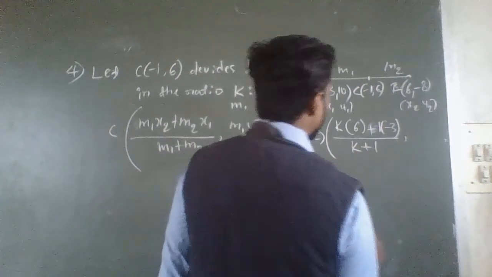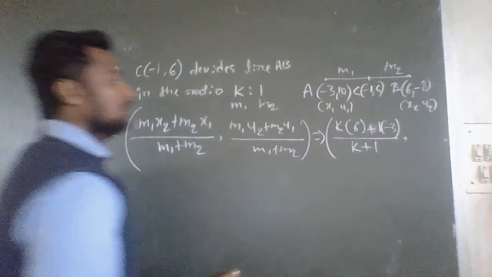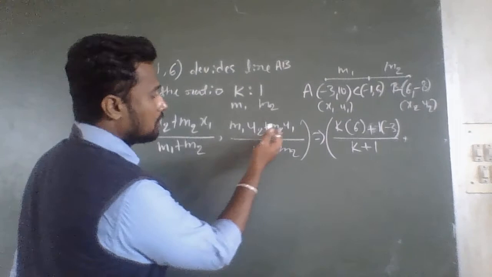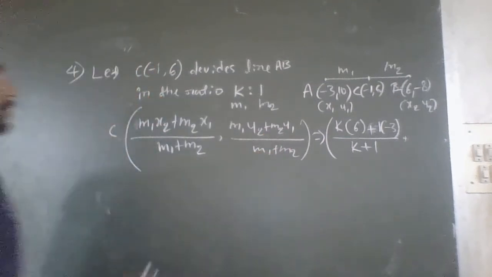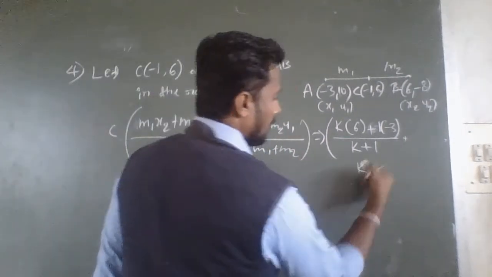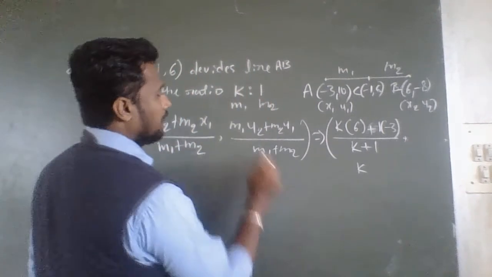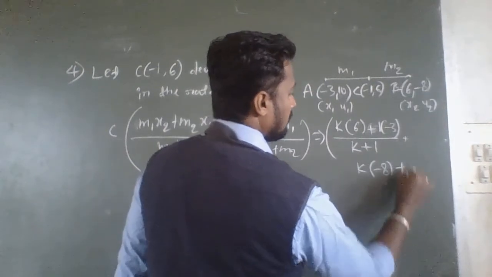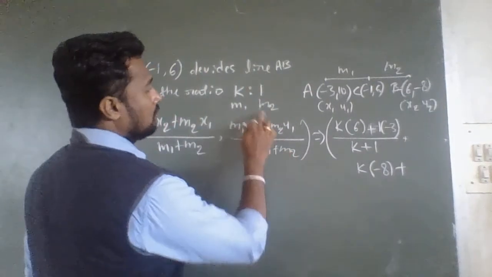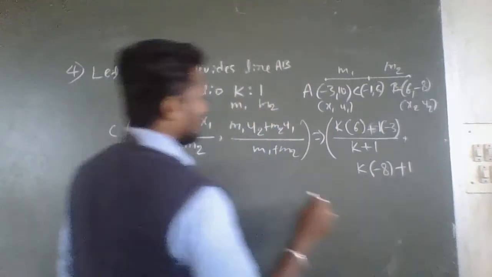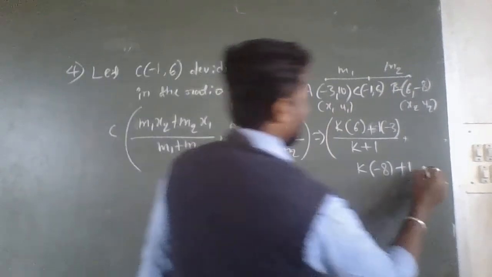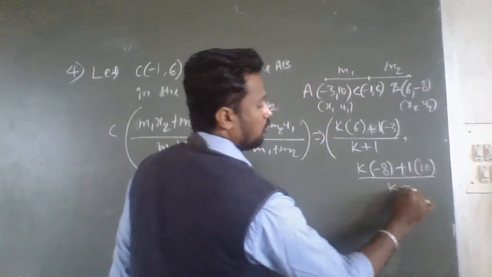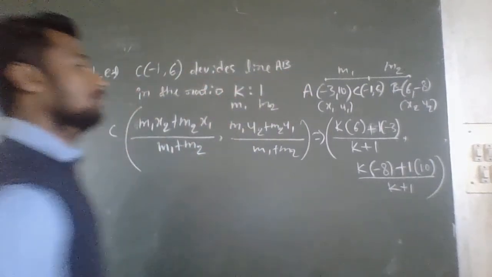This is for x coordinate. Now we will write it for y coordinate. So for y coordinate, what is the formula? m1 into y2 plus m2 into y1 divided by m1 plus m2. So here m1 value is k and y2 value is minus 8, plus m2 value is 1 and y1 value is 10, divided by again k plus 1. m1 plus m2 means k plus 1 only.